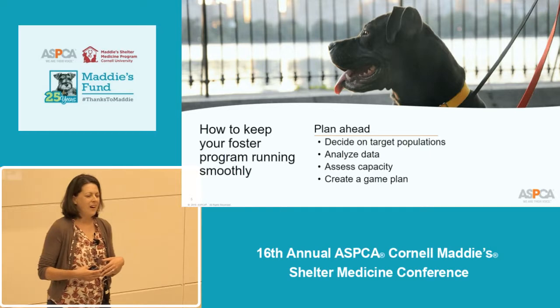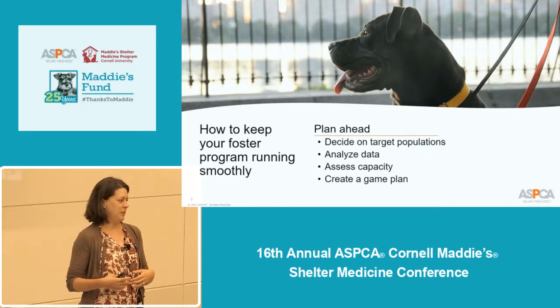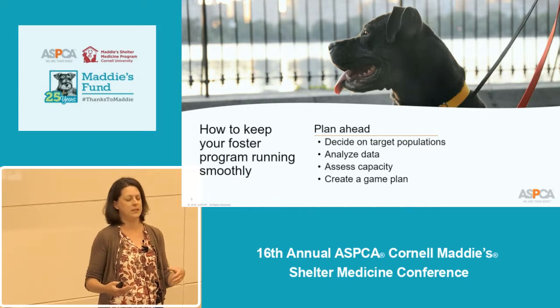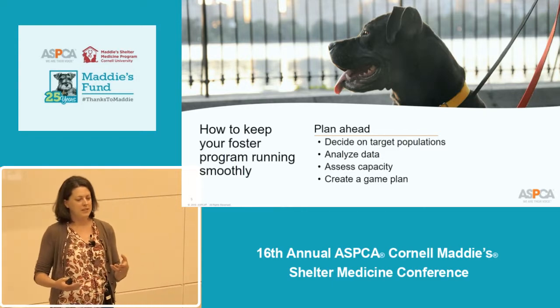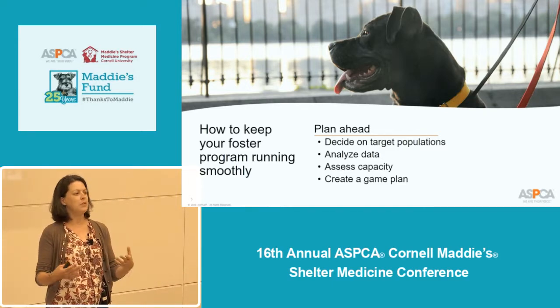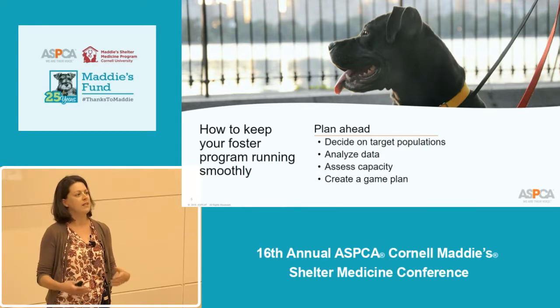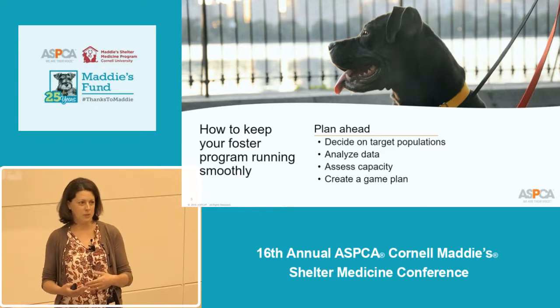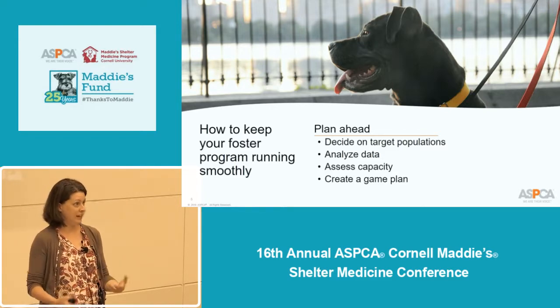Cool. So let's talk a little bit about what makes for a successful foster program from sort of an operational standpoint. Because it's important to come to a foster program with planning and organization to make it run smoothly. And so one key aspect of running a foster program smoothly is planning ahead.